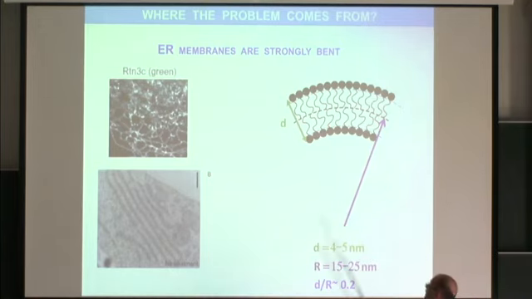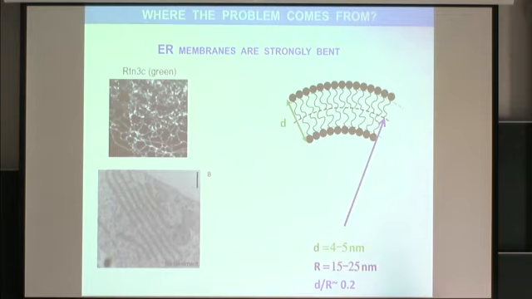It means that the radius of curvature of membranes there, which is about 15 to 25 nanometers depending on the cell, is not much larger than the membrane thickness, which is about 5 nanometers, meaning that the ratio between the membrane thickness and the radius of curvature is just 0.2.